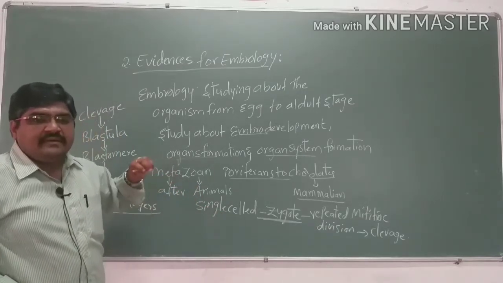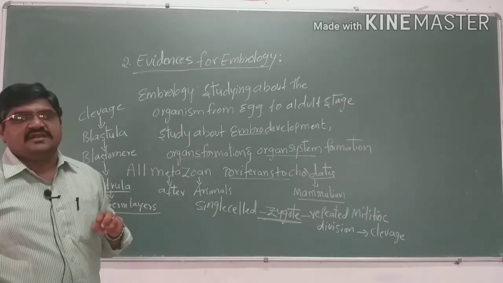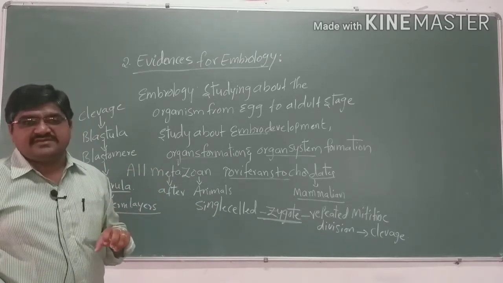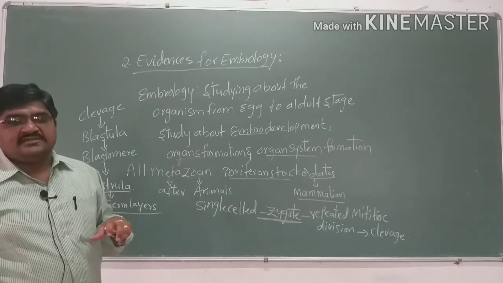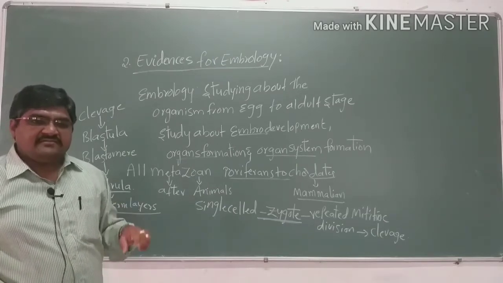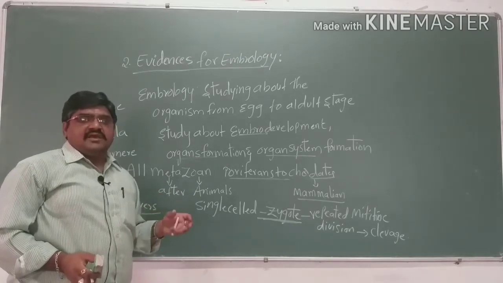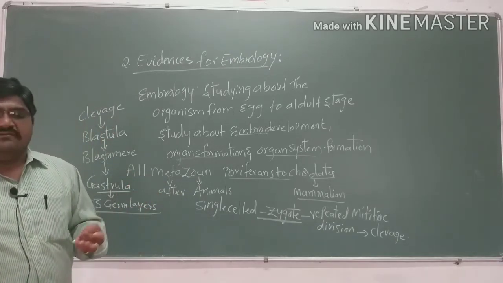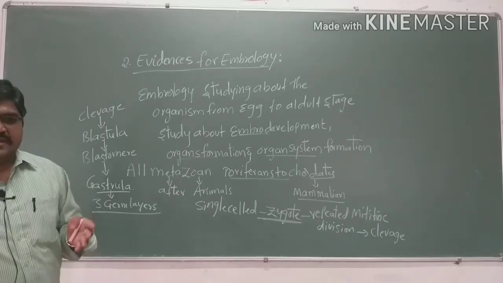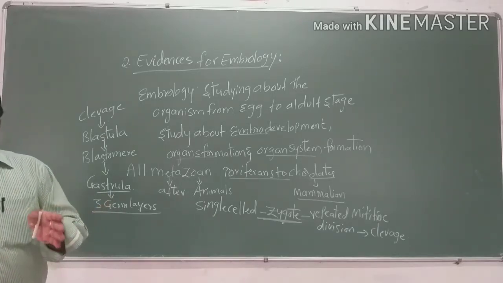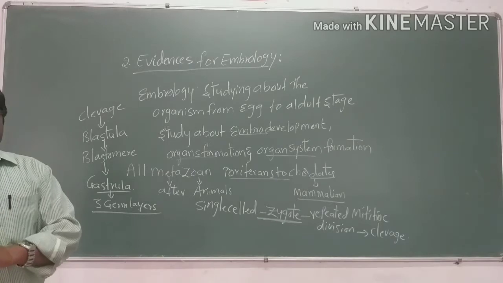This zygote appears like the larval stage of a fish, where gills are formed, a two chambered heart is present, and a tail forms, which gradually develops into an adult organism.